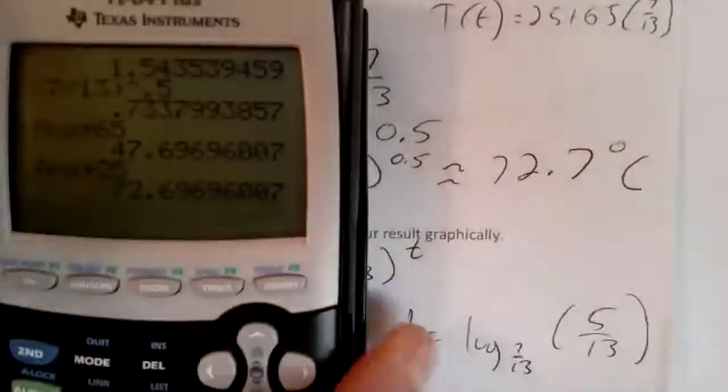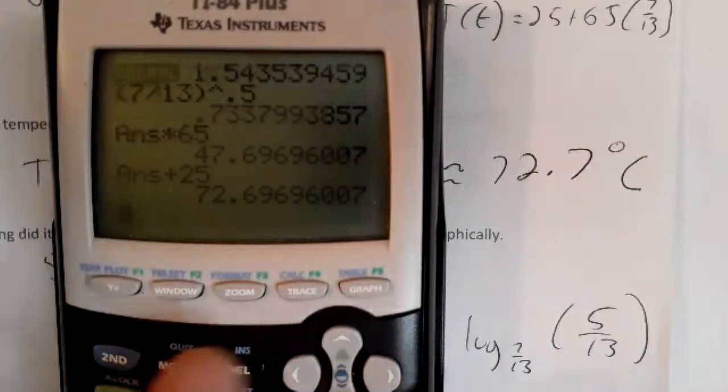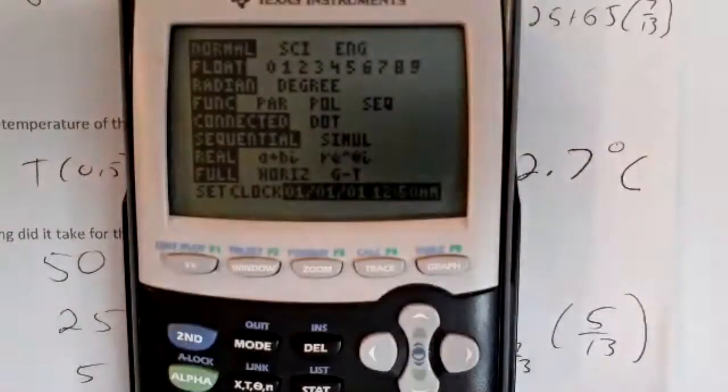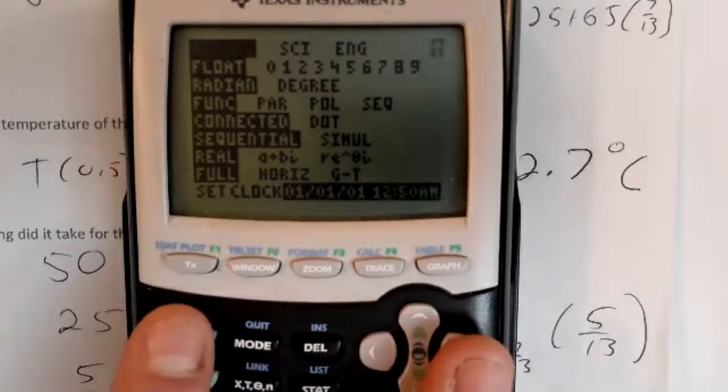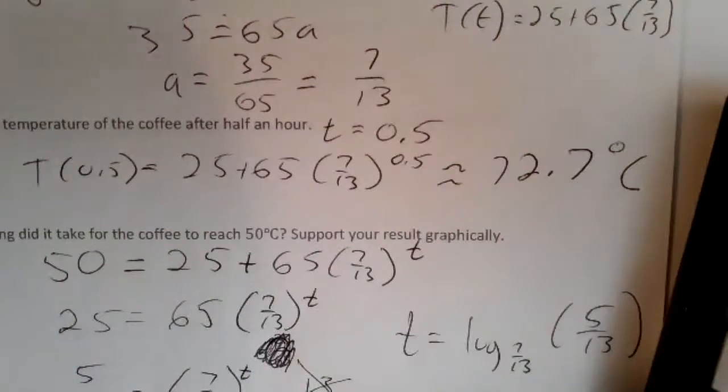For some reason, my calculator's giving me something different. Sometimes you might want to check the modes. I don't imagine any sort of mode would really mess with that too badly, though. I think that's more common when you get to your trig and you're doing radians versus degrees. That's really where that comes in a lot.